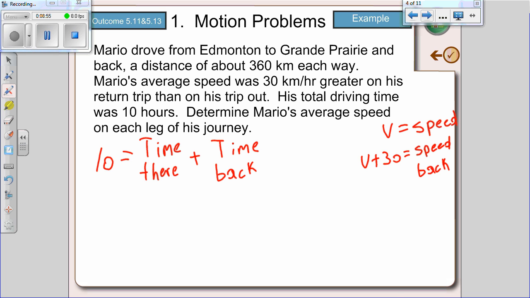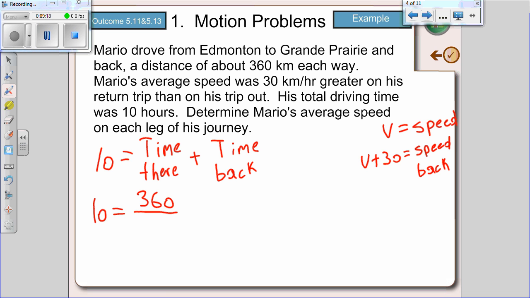So that's what we need to do. We need to divide how far it took to get there by how fast you're going. So 10 is going to be equal to 360, because that's how far we went, divided by how fast we were going when we were headed there. V. That was just our regular speed on the way there.